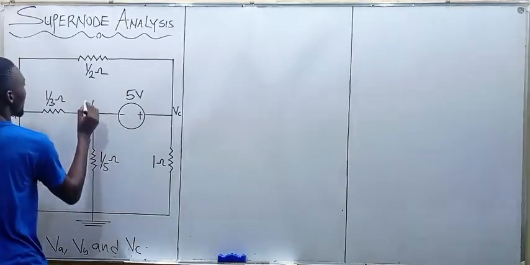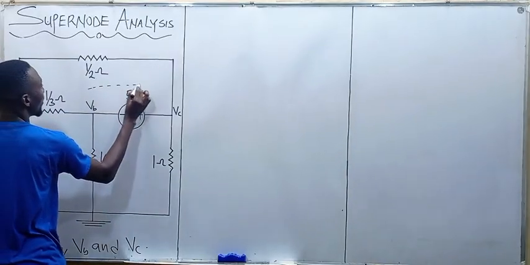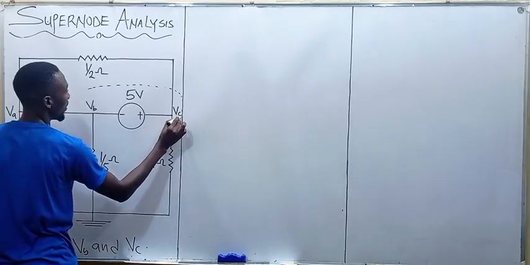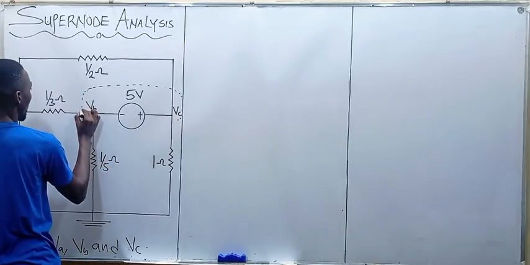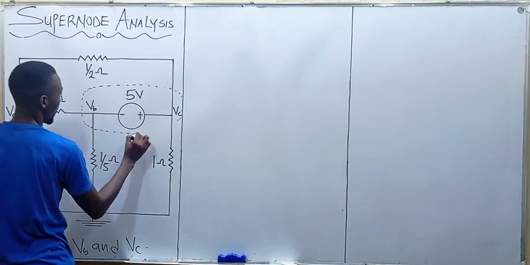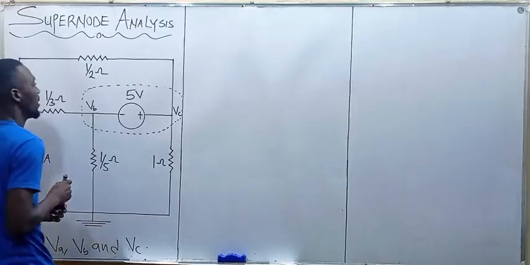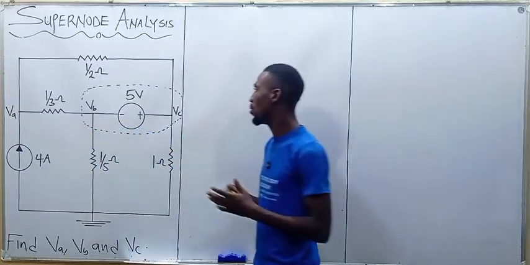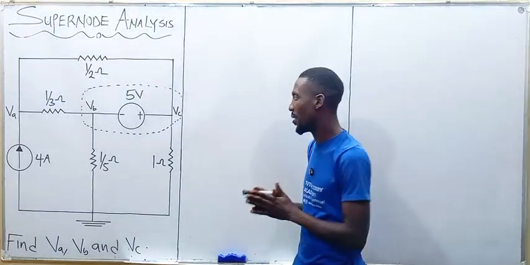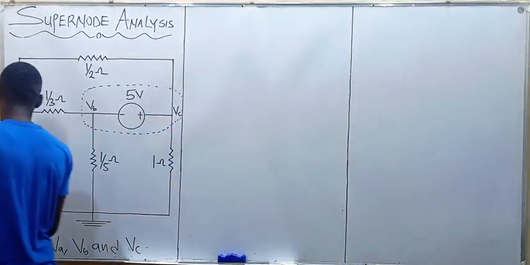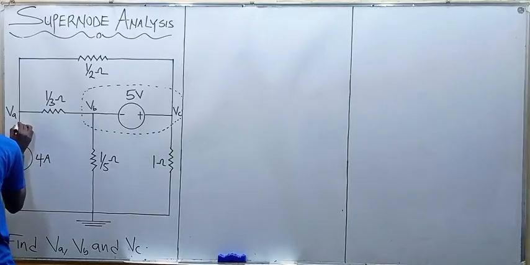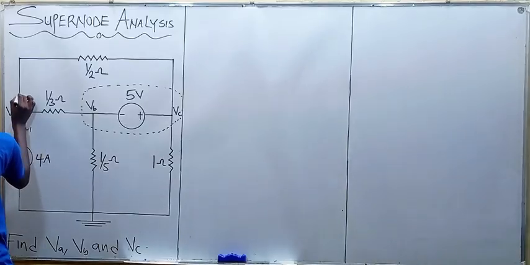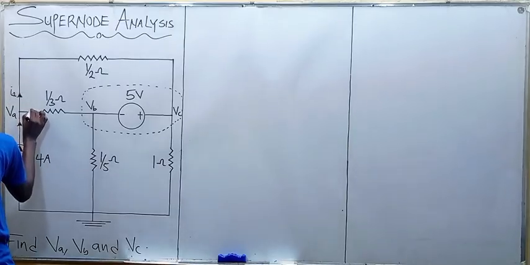All right, so we are treating this part as a single node. Now, the first thing we are going to do is to assign our currents. If this one flowing here is I1, let's call this one I2, and this one should be our I3.